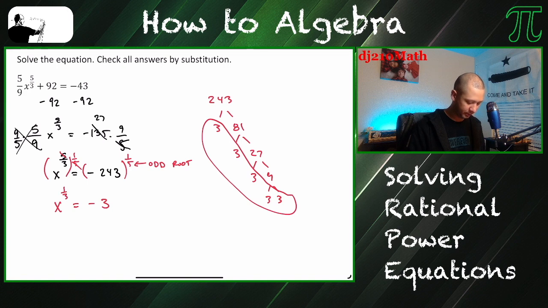And it's still x to the 1/3 power. If I cube both sides, that cancels, making x equal to, again, cube root, so the negative can come out with no problems. And 3 cubed is 27.